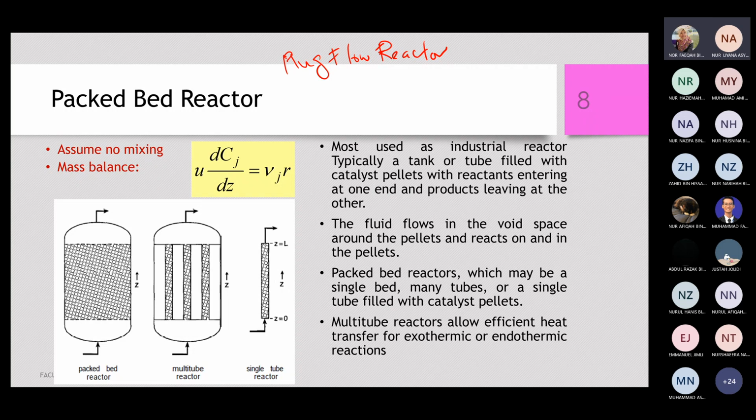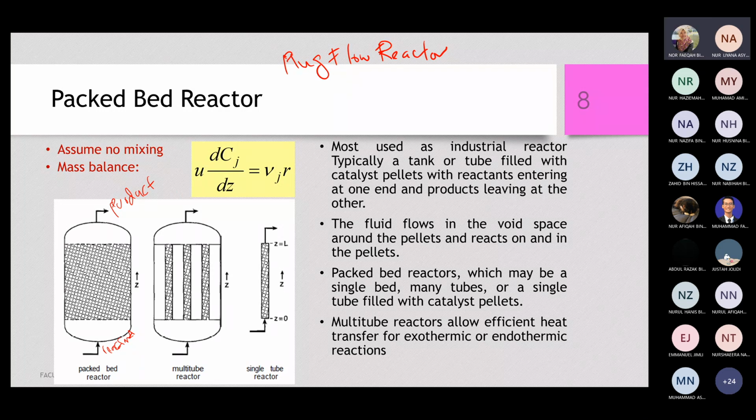So the packed bed reactor consists of a bed of catalyst, the round pellets arranged as a bed of catalyst. So this is the inlet of reactant, and then product at the outlet. That is what it means: entering at one end and products leaving at the other. So reactant enters from the bottom, and at the top, product leaves the reactor.